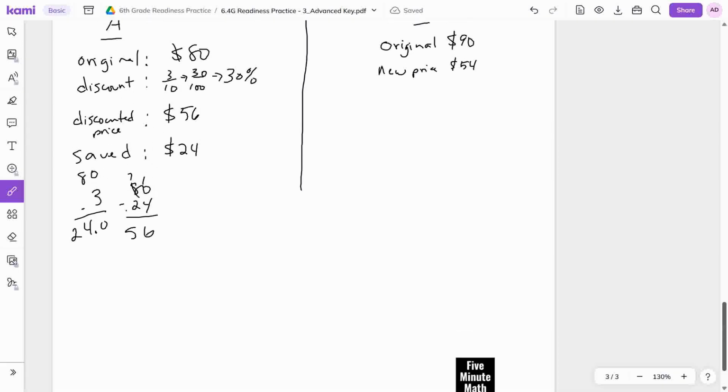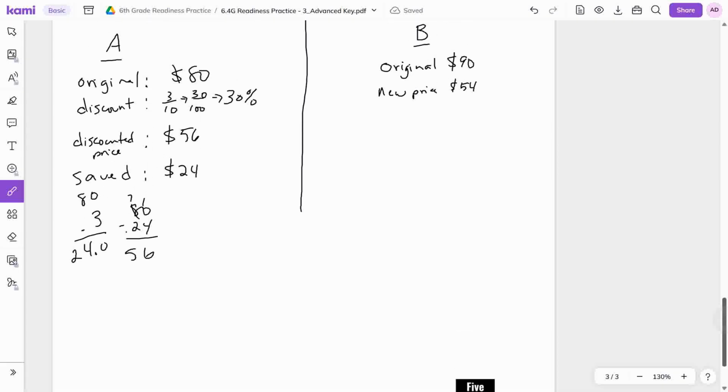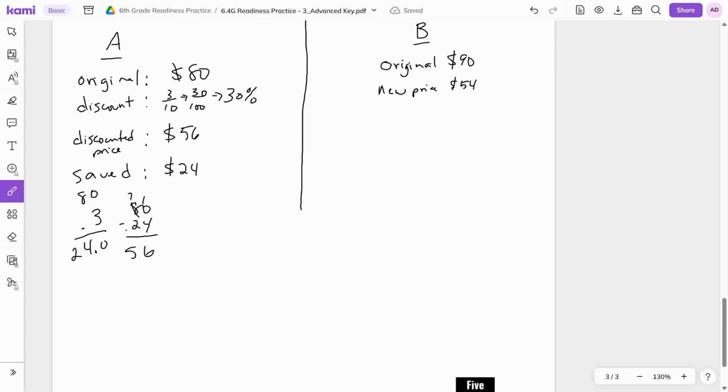Now let's do this over here. And you know what? Let's go ahead and set up our second row, just like we did our first row. So I'm going to do pair B. I'm going to say discounted price. And that's going to be that $54.